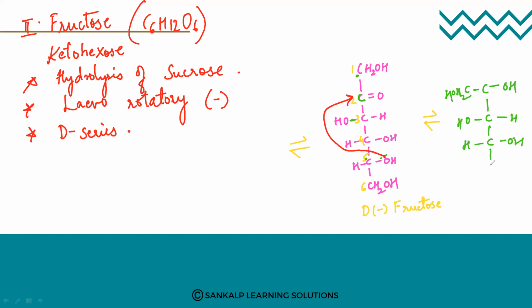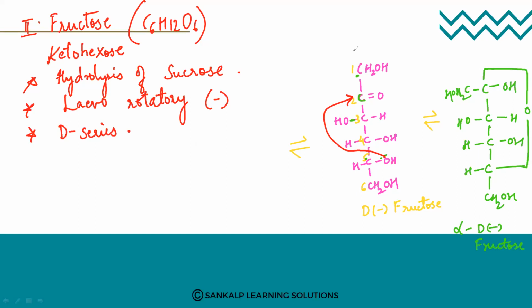Then comes our third structure, that is CH, and here this will be your OH, so this will be O, like this. And here comes our CH2OH. I hope this is clear. So this is alpha D-fructose.